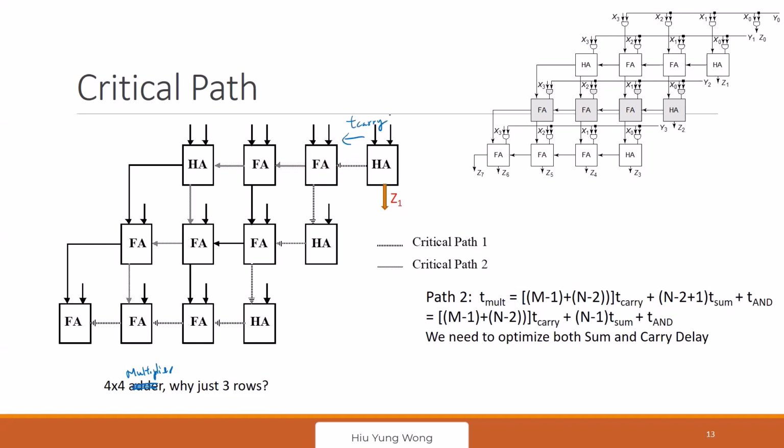Okay, from top to bottom, this is t sum. And do not forget we also have the AND gate, right? So for every signal, we start with this AND gate. This is the AND, right?